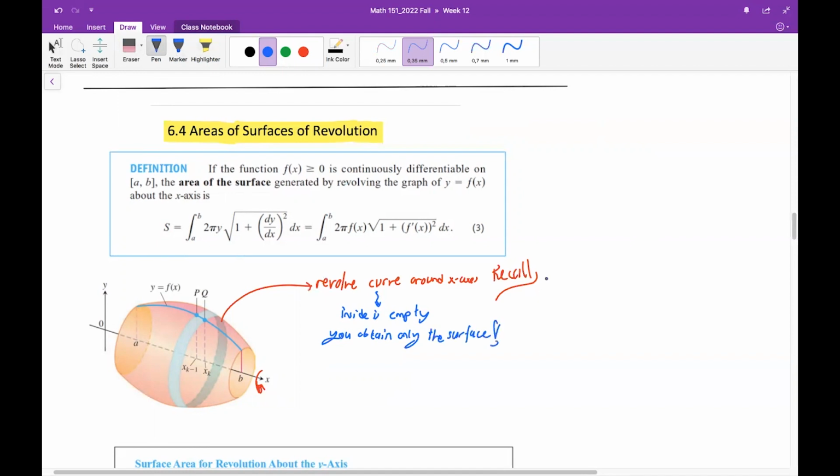Okay, my recall is if you revolve the region, not just the curve, but the region under that curve. So let's say this is your curve and you are revolving the whole region around the x-axis, then what you obtain is something like this, right? So then you will obtain the whole solid object.